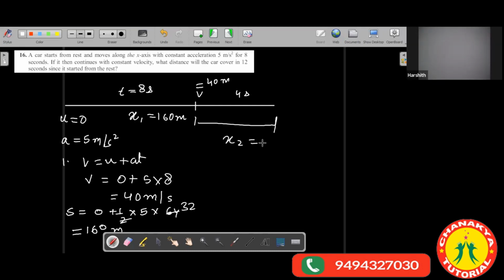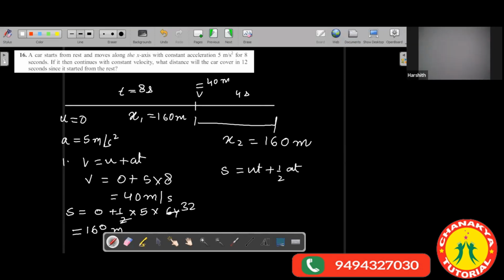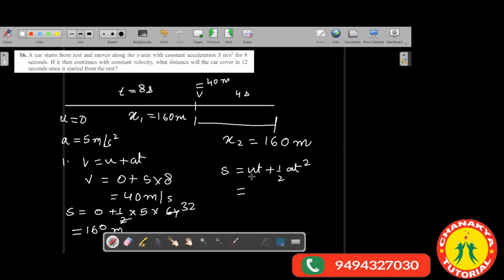Sir, 32 meter. Oh, I think you should be getting 160 meter. Check it. Use the formula S equals ut plus 1 by 2 at squared. Sir, a is 0, so 1 by 2 into 0 will be 0. ut we have to do first. u is not 0.